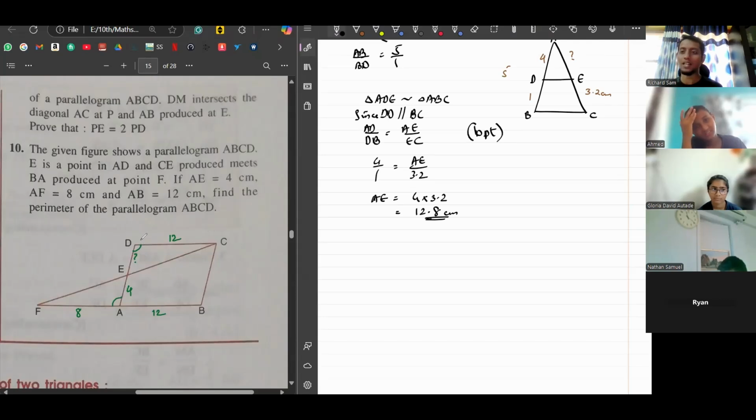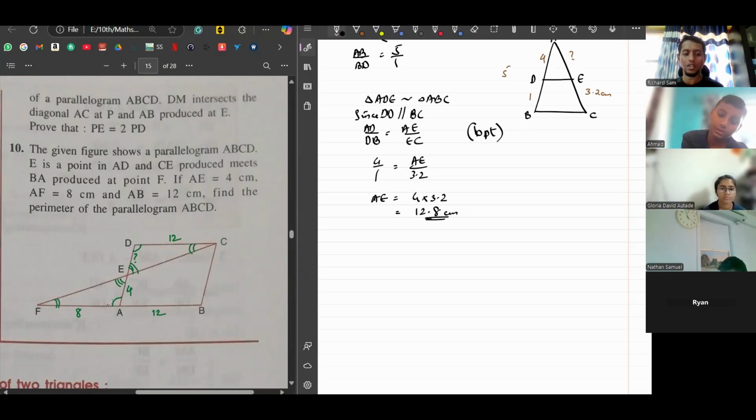So angle A and angle D are alternate interior angles. Is that clear? Next, angle F is equal to angle C, alternate interior. And also angle E is equal to angle E on this side, vertically opposite. So by the AAA property, these two triangles are similar.